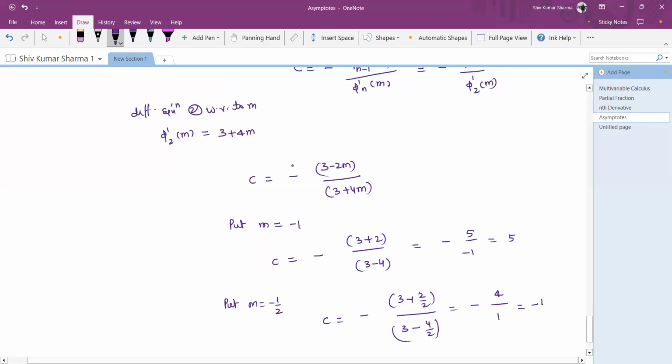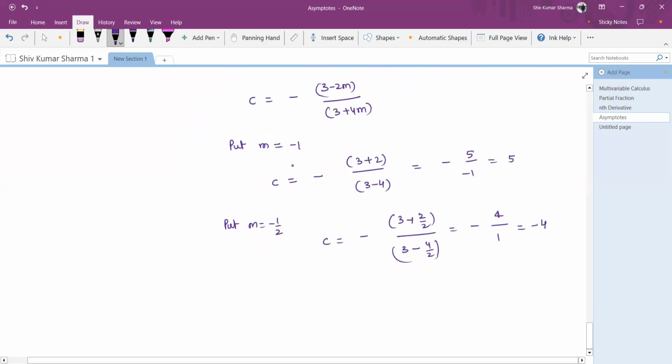So this gives us minus 4. So we have two values of m, and we can obtain the two values of c. Then the asymptotes.